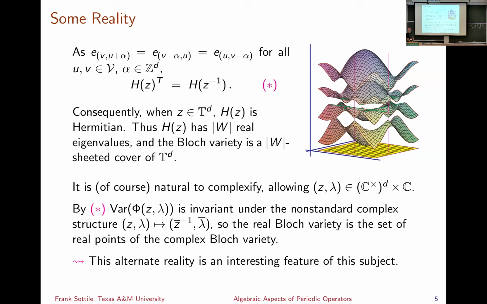And so the real Bloch variety is actually the set of real points of a complex Bloch variety. We have an instance of non-standard reality. And this alternate reality, I think, is an interesting feature of the subject, in that it provides a very natural set of examples that are real algebraic varieties, but not with your grandmother's notion of reality.